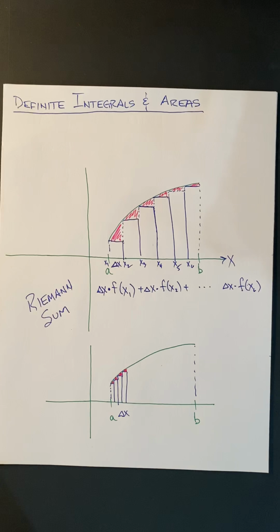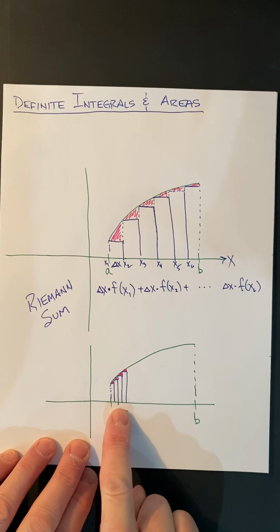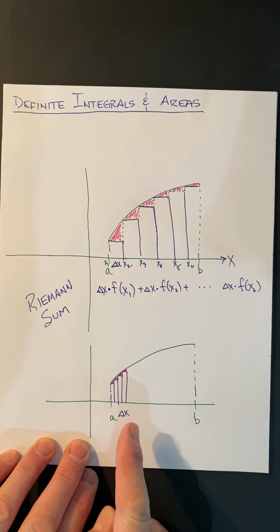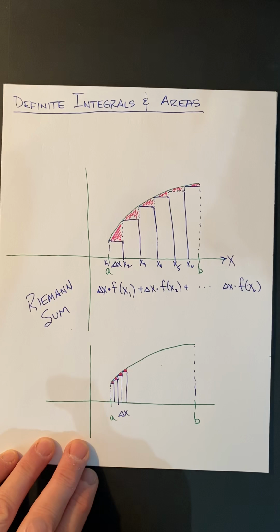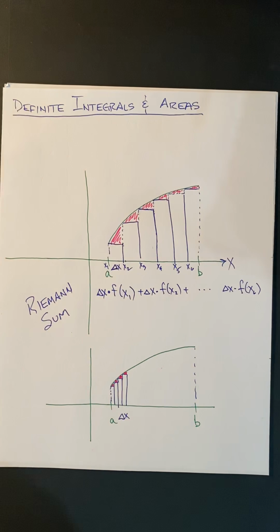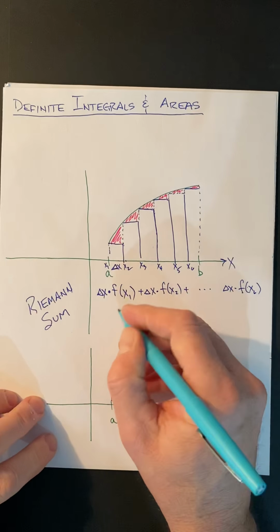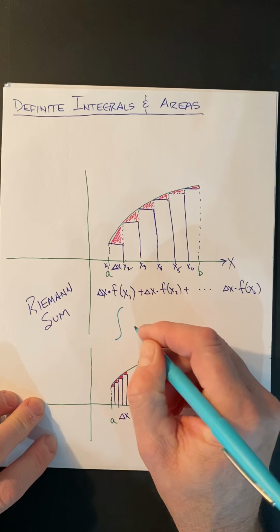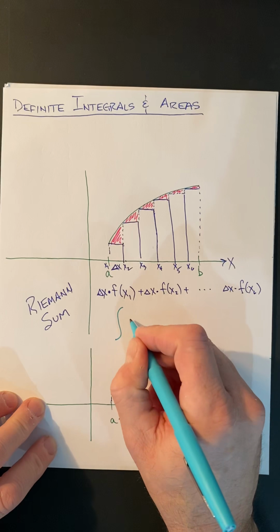So I can do this. This is known as, like I said, the Riemann sum. But what I need to do is keep making this change in x smaller and smaller and smaller, all right? Well, when I do that, I now have what is known as the definite integral, okay?